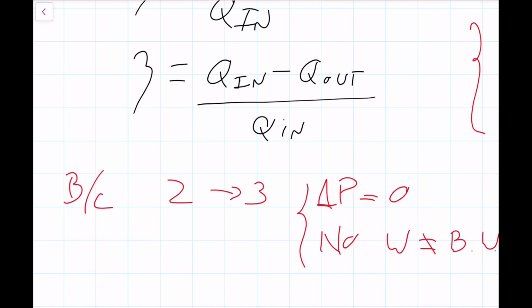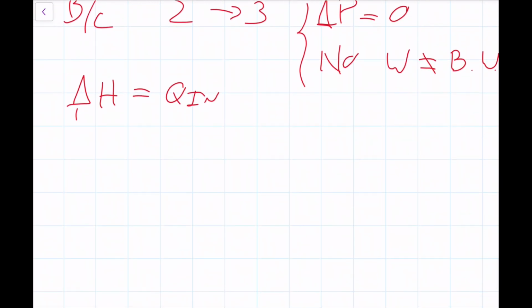Right? So because of that, then my delta H equals my Q in. Right? That's the first law of thermodynamics, because let's actually do the whole thing.